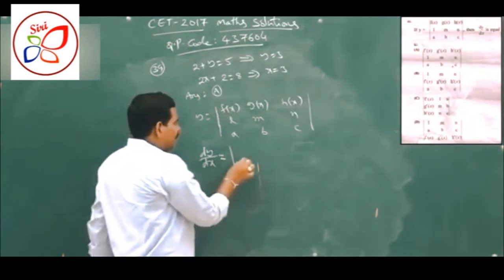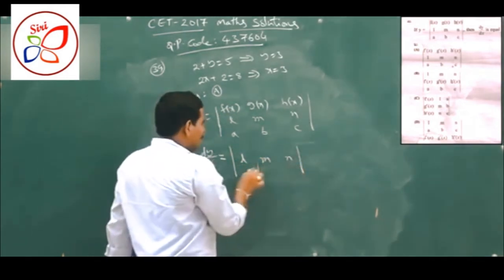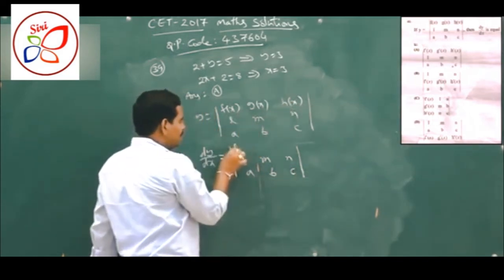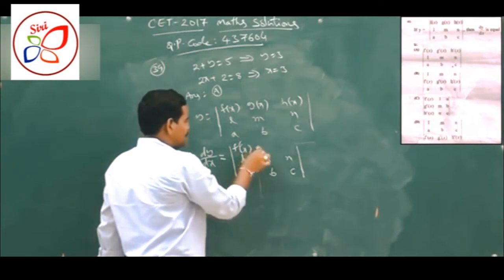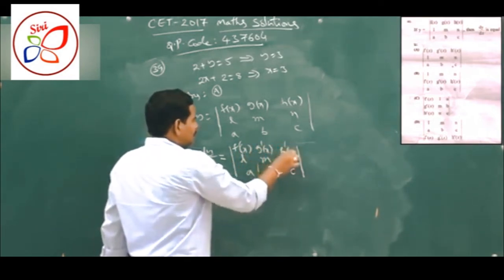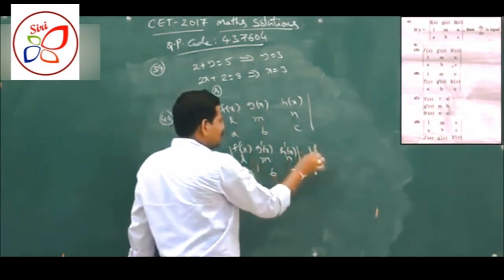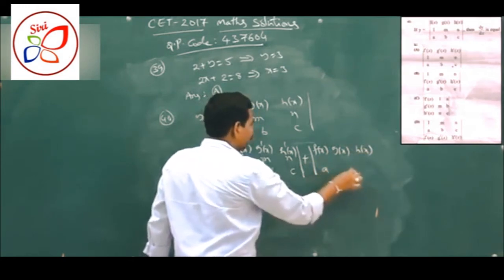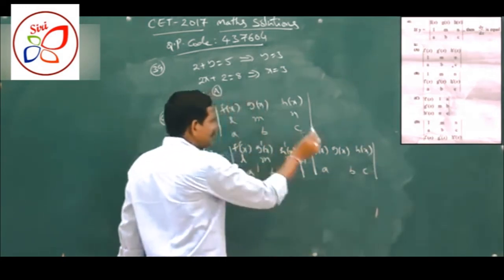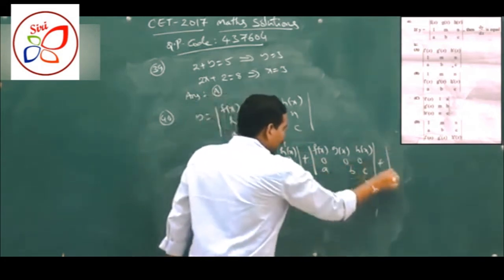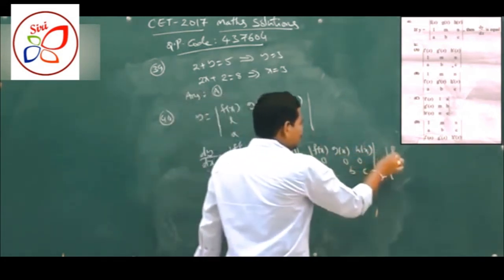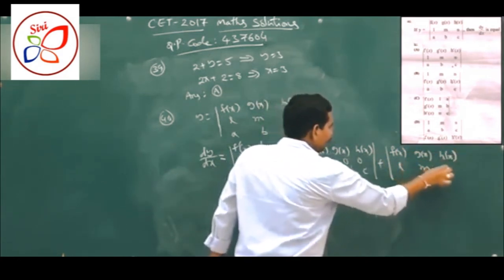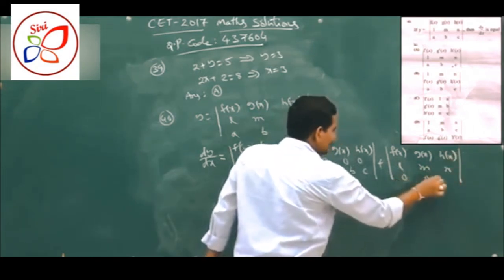The method is keep second and third rows as it is, differentiate elements in first row: f dash x, g dash x, h dash x, plus now keep first row and second row as it is, differentiate elements in second row: 0, 0, 0, plus keep first and second as it is, derivatives of elements in third row.